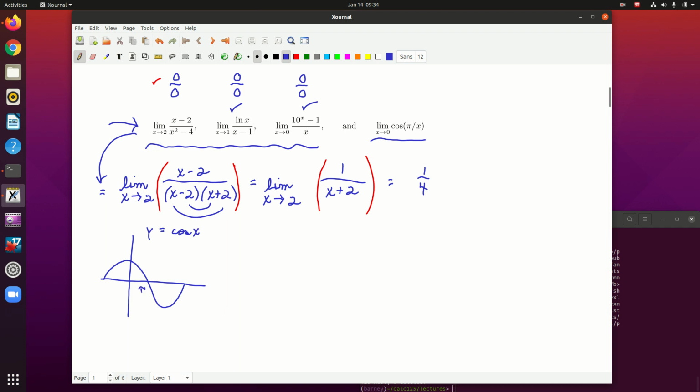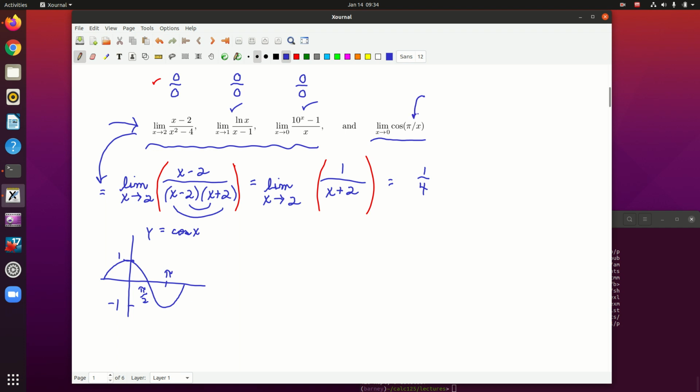This is pi over 2, this is pi, and so on. This is 1, this is negative 1. But we're doing things differently here. You're having this pi over x stuff.